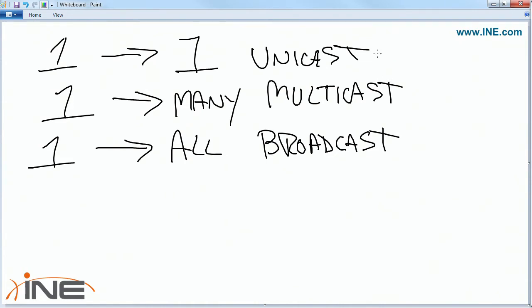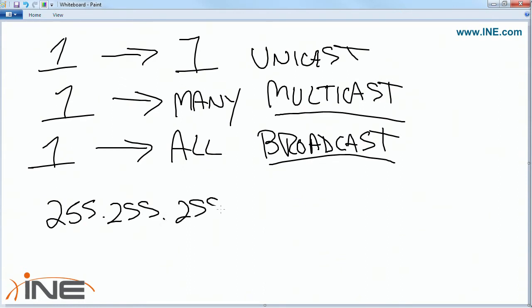In the case of Ethernet LANs, there are unicast MAC addresses, which would normally be the MAC address assigned to your NIC card. There are also multicast MAC addresses that we would use if we're trying to listen to a video feed, or when we run routing protocols like OSPF or EIGRP, which use multicasts. A broadcast is going to be from one source to all destinations at the same time. In the case of a layer 3 broadcast with IP, this would be the all 255 address. In layer 2 networking, this corresponds to the all Fs address.